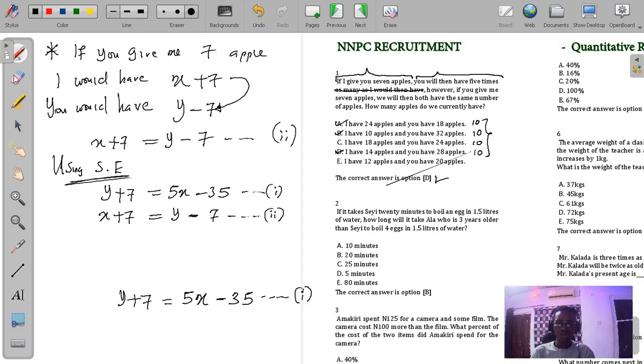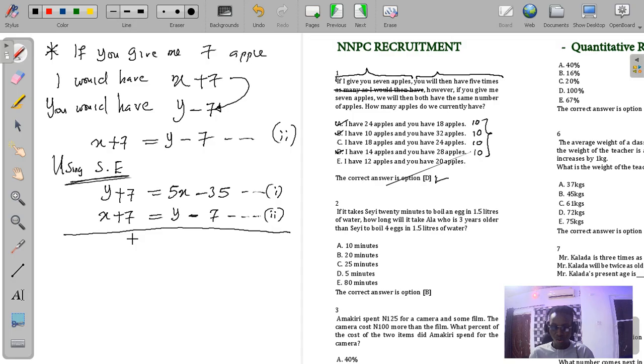Now let's solve these two equations. One thing about simultaneous equation is you are expected to have your equations in this form: ax plus by equals constant c, and you can also have dx plus ey equals constant f. This is the standard form of simultaneous equation. We also have the standard form of quadratic equation, which is ax squared plus bx plus c.